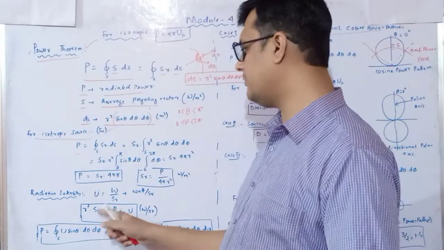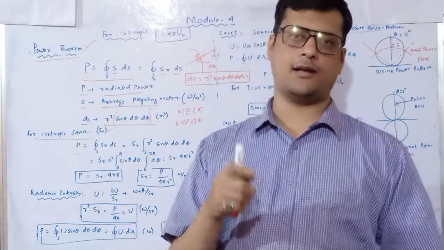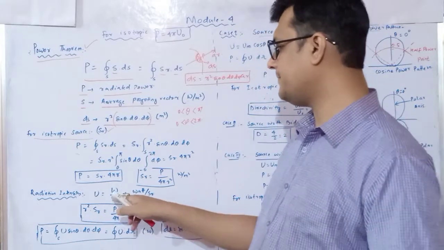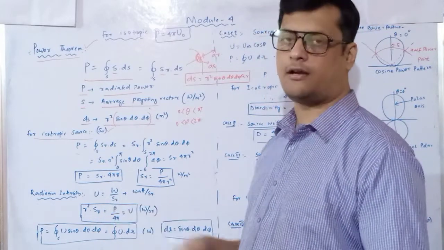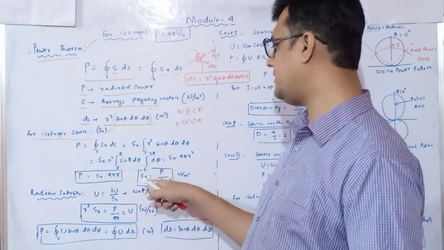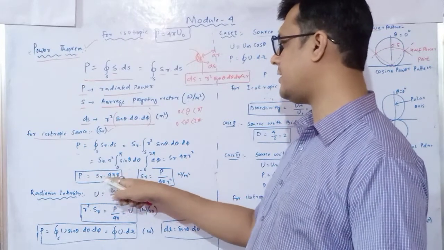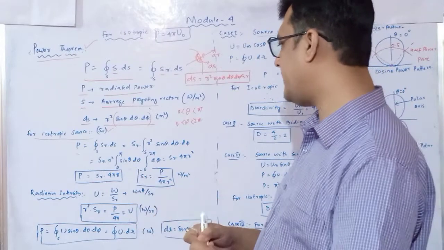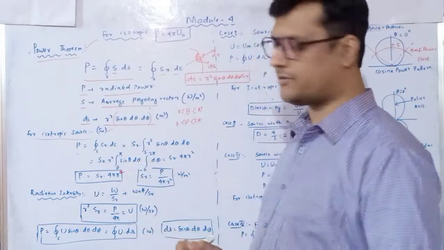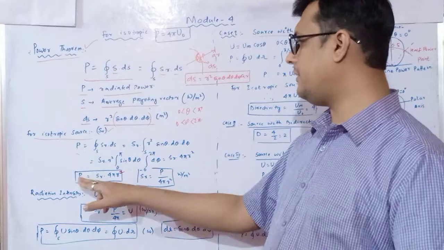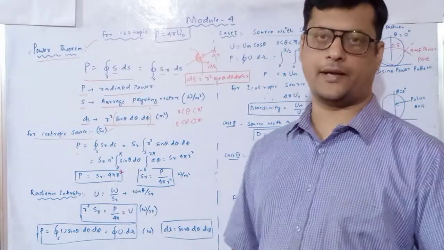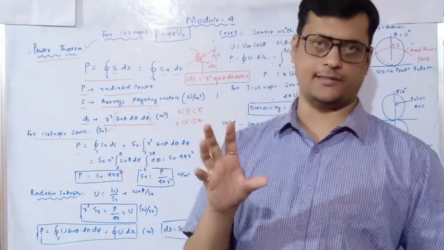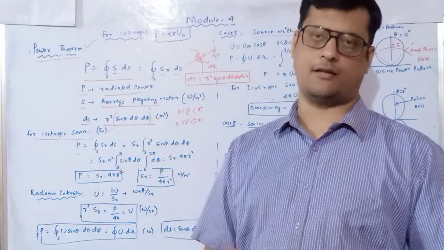So my intensity value is power divided by the solid angle. As you can see, P is equal to S_R into 4 pi r square. If you divide P by 4 pi, you get the radiation intensity, power per solid angle.